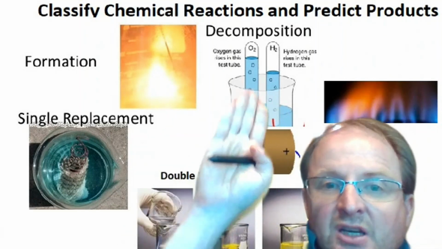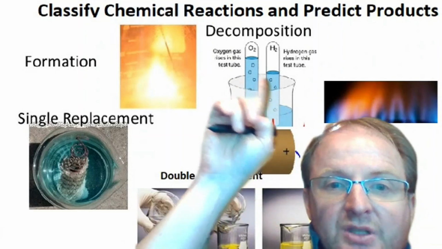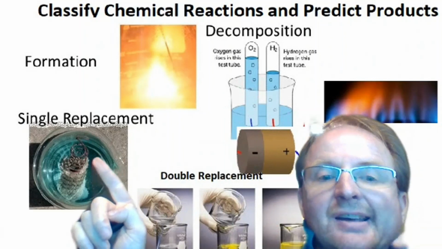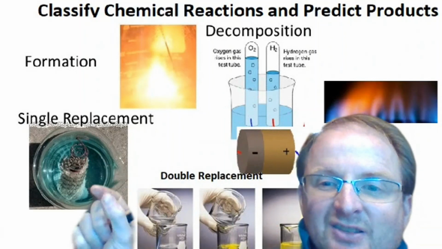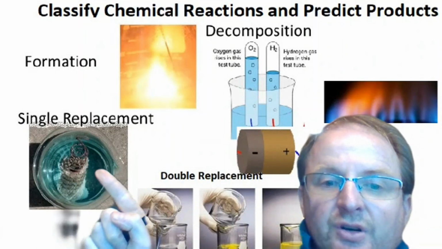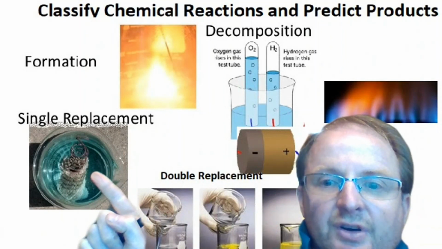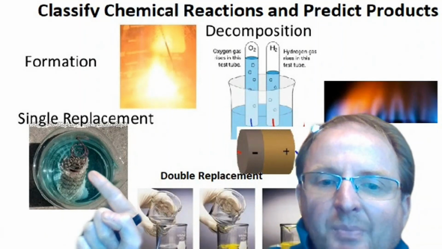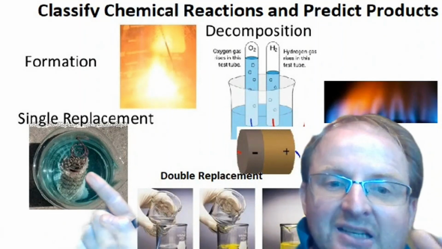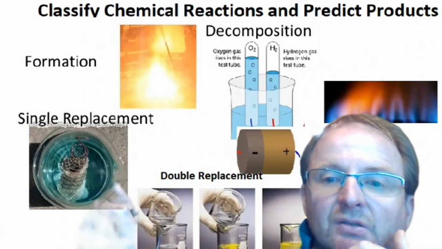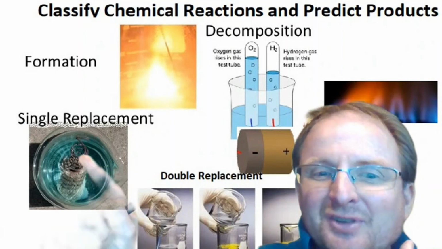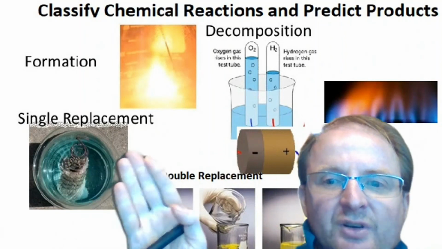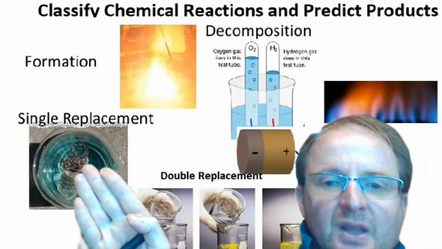Decomposition, the reverse, and you can see water being broken down into its elements. Single replacement: there's silver dissolved in silver nitrate, but because we put solid copper in here, the copper kicks the silver out and takes its place. So the copper is being dissolved in this solution, which is kind of cool, and a coating of silver forms.